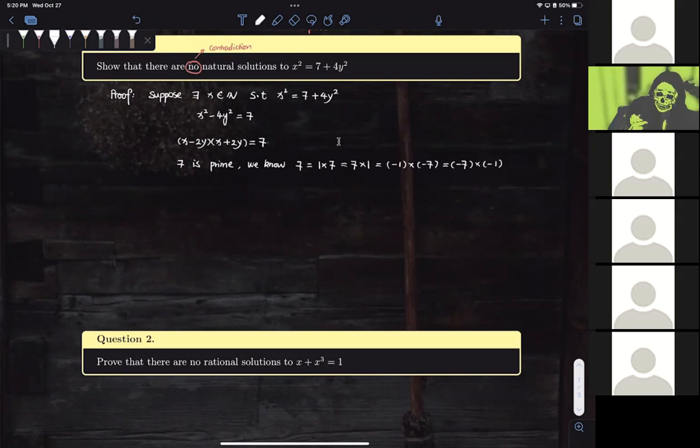Okay, so we could have those cases. However, since x plus 2y is a natural number, this is definitely a natural number. So this cannot be negative. We can eliminate the last two cases.